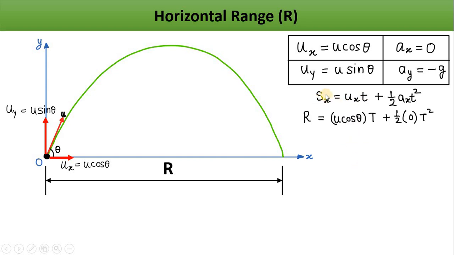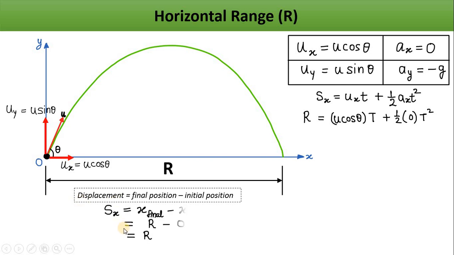Now the displacement along x direction from here to here is, of course, equal to the range r. But it can also be understood using the definition formula: displacement is defined as final position minus initial position. To find displacement along x direction, you write x final minus x initial, meaning final x coordinate minus initial x coordinate.